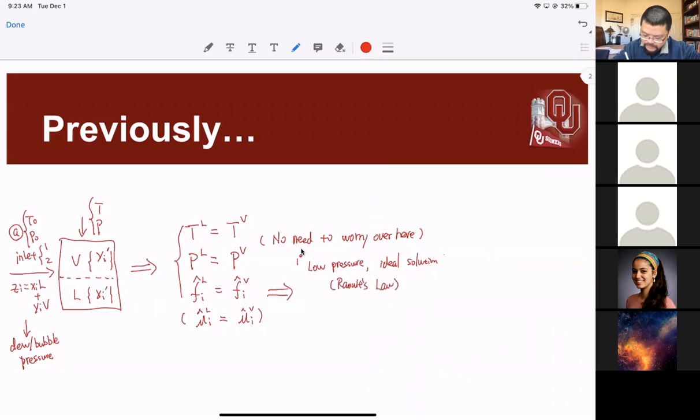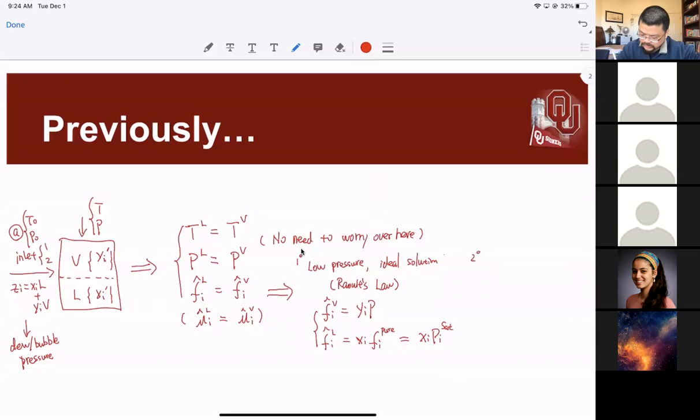So the vapor component would be simply y_i P, and the liquid component, if this is an ideal solution, would be x_i f_i^sat, and with Raoult's law, this is x_i P_i^sat. So that is the first case.